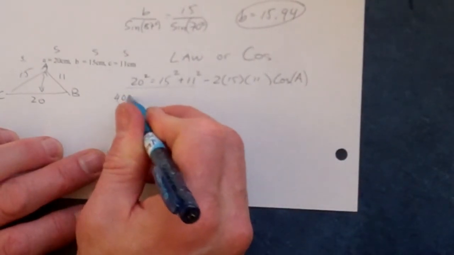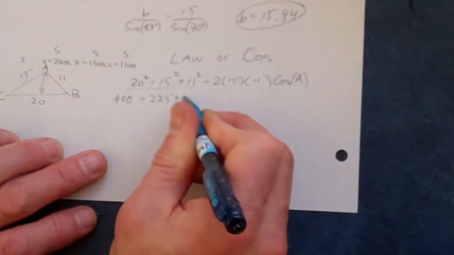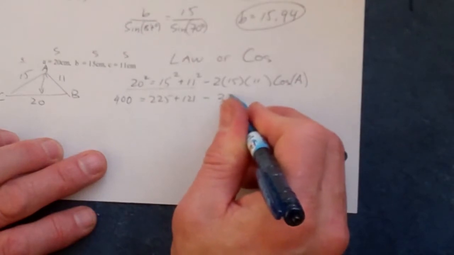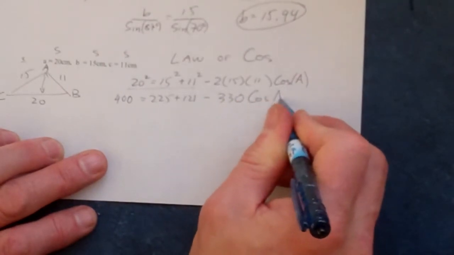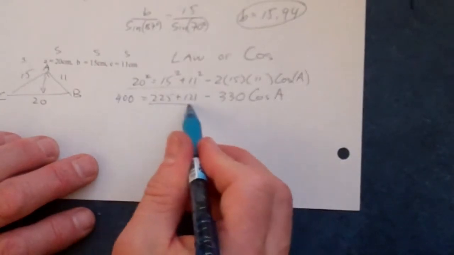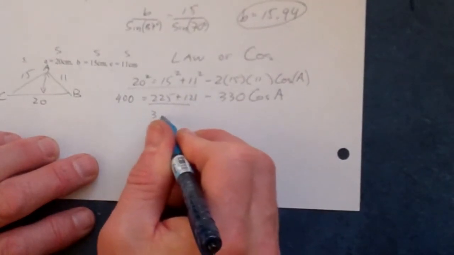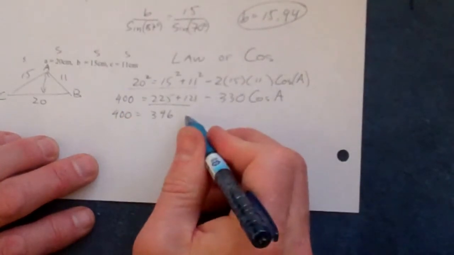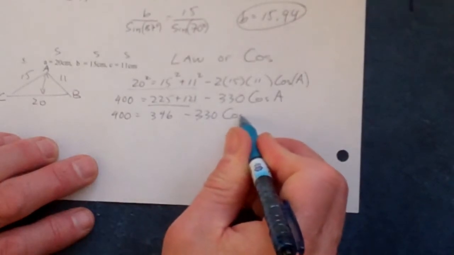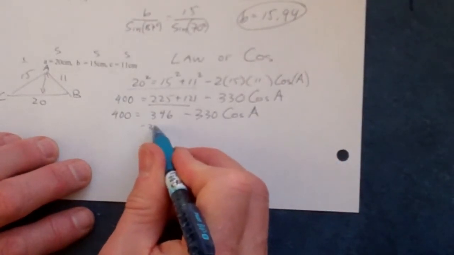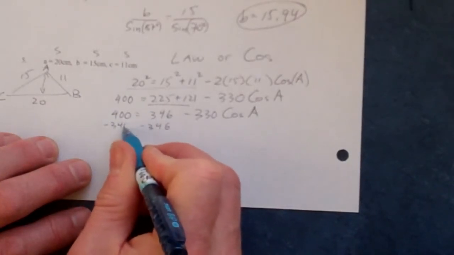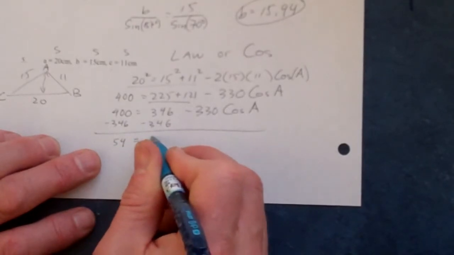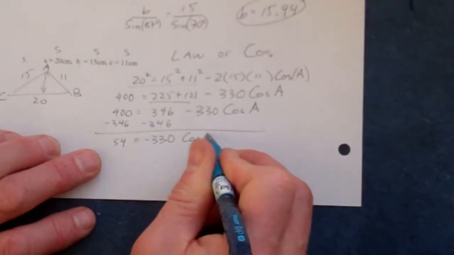So 400 is equal to 225 plus 121 minus 30 times 11, which is 330, cosine of A. All right, so now I add these guys, and that is 346. So 400 equals 346 minus 330 cosine of A. I'm going to subtract 346 from both sides. And I get then, what is that, 54 equals negative 330 cosine of A.